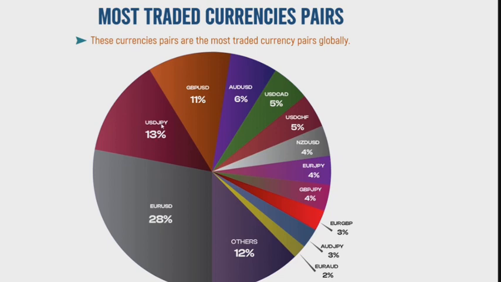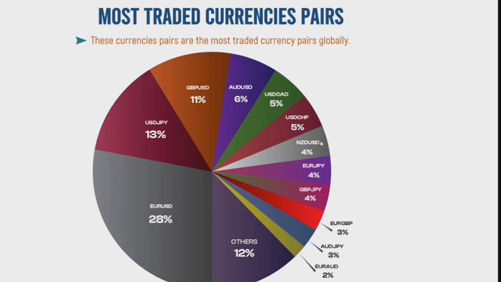We have the USD JPY, that's the United States dollar against the Japanese yen, at 13%. We have the GBP USD, which is the Great Britain pound against the US dollar, at 11%. We have the AUD USD at 6%, the USD CAD at 5%, and the USD CHF at 5% also.